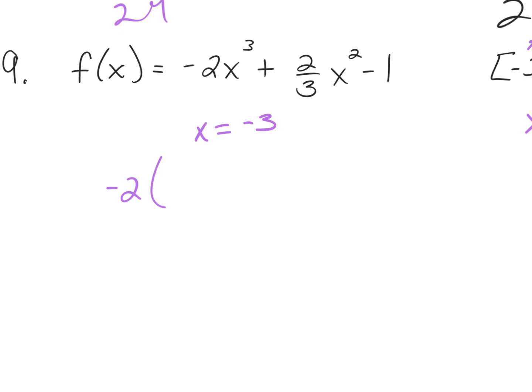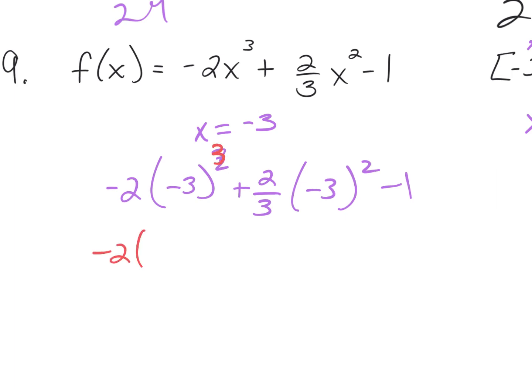It's okay, though. So -2, and I put in -3 cubed plus 2 over 3 times -3 squared. Oh, this is a 3 here. Sorry, gotcha. Minus 1. All right, -3 cubed. What's -3 times -3 times -3? So -27.